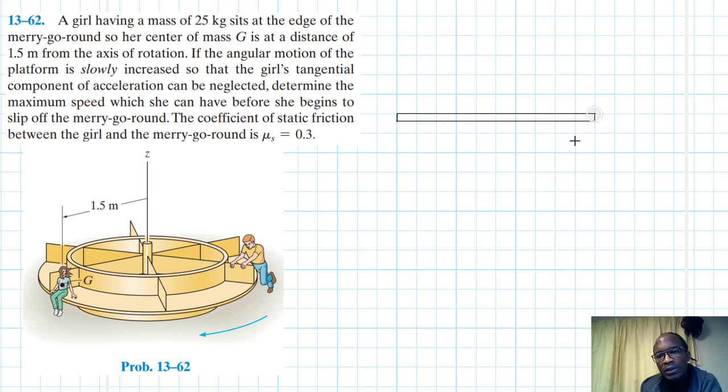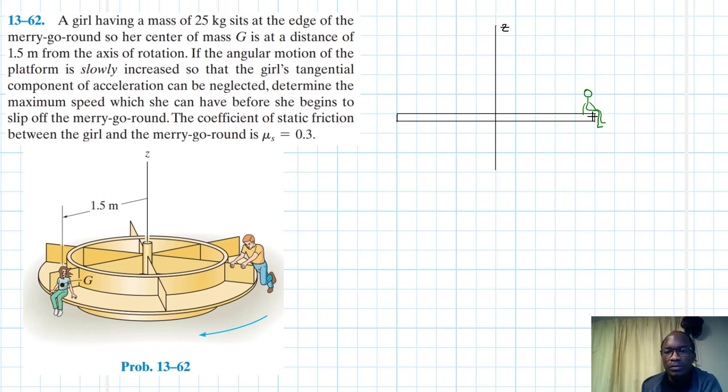And then let's say this is the center of our merry-go-round, so that is the z-axis. Then let's say we have the girl seated there. Okay, so that's the girl.